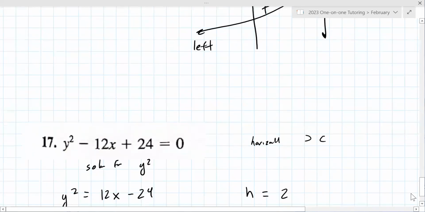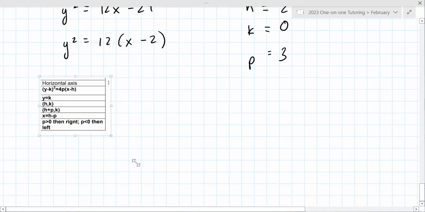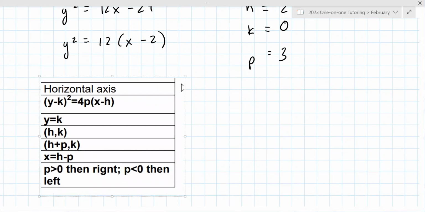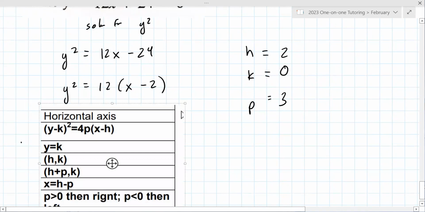I want you to come up with each of these. Go ahead and give me the equations whenever you've got them.